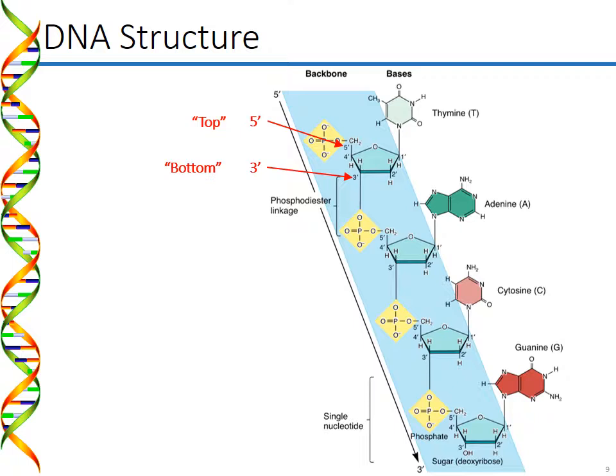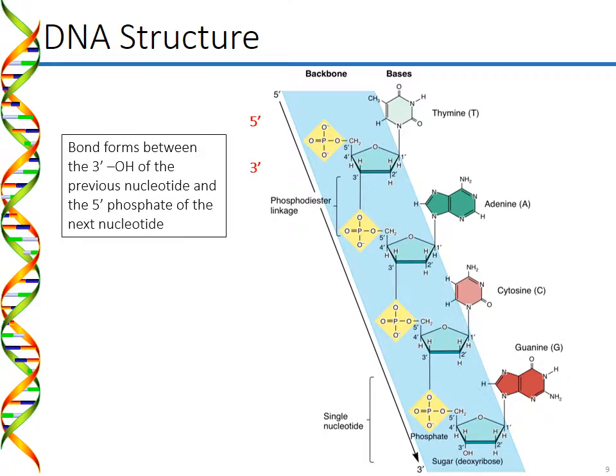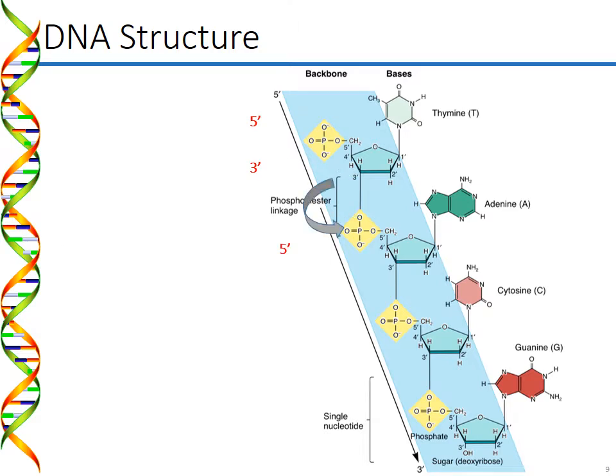So you can sort of think of the 5' carbon as the top of any particular nucleotide, and the 3' as sort of the bottom of any particular nucleotide. And so you can see here on the top one you have the 3' at the bottom, and the OH group off of that 3' forms a bond with the phosphate group at the 5' of the next nucleotide.